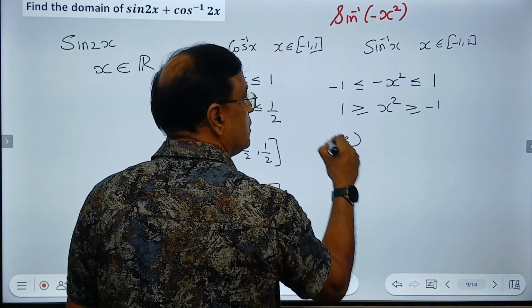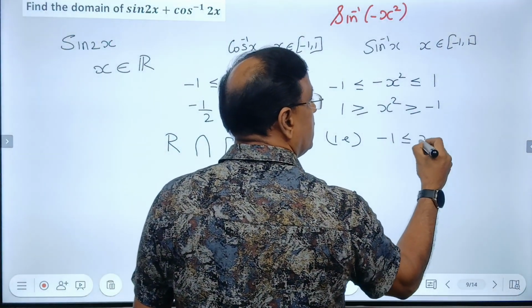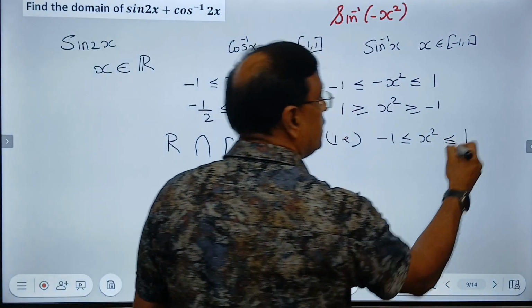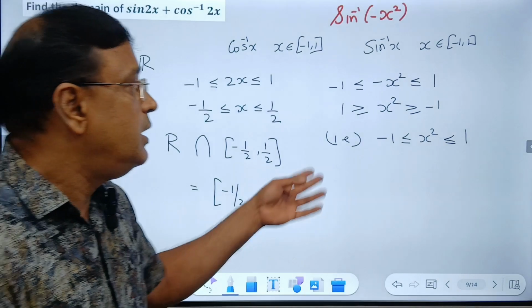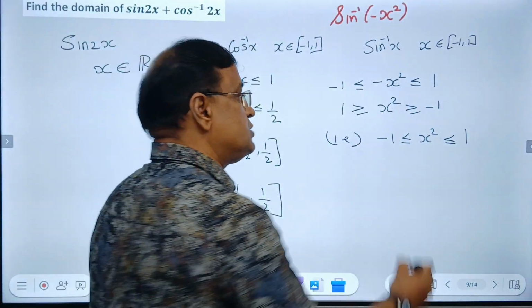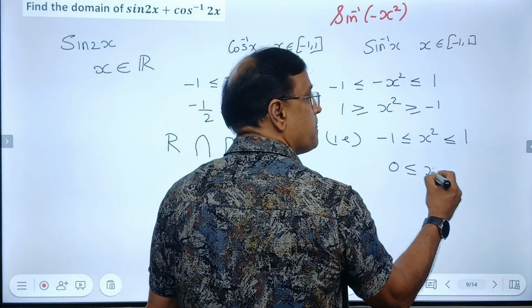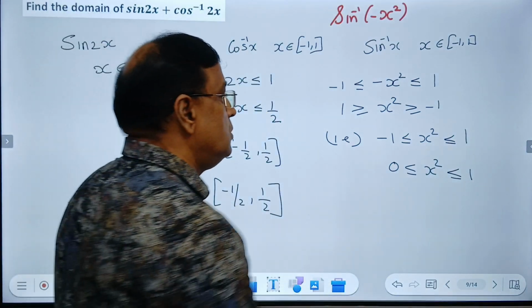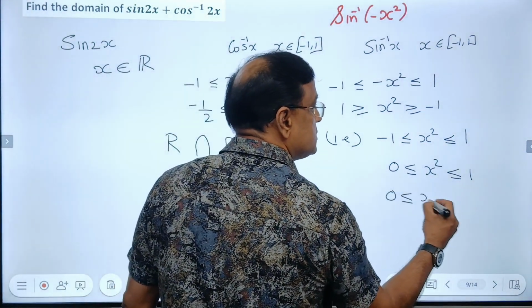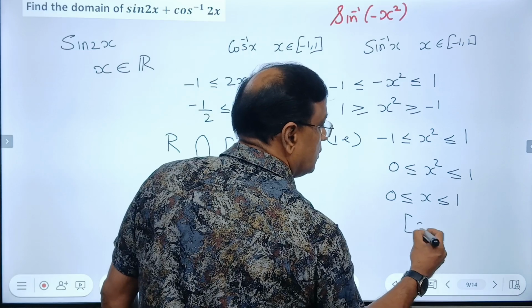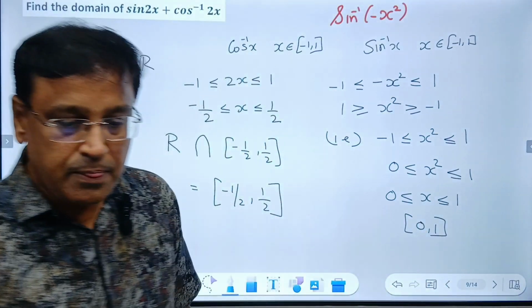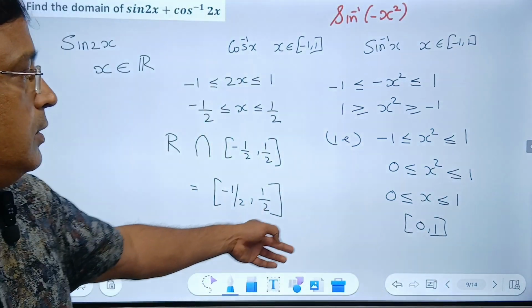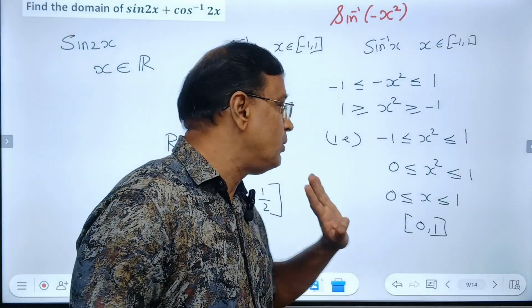That is minus 1 less than or equal to x square less than or equal to 1. This makes no sense, because x square cannot be negative. So it has to start from 0. Correct? So 0 less than or equal to x less than or equal to 1 is the answer. Okay? Very simple. It has to be from 0 to 1 only.